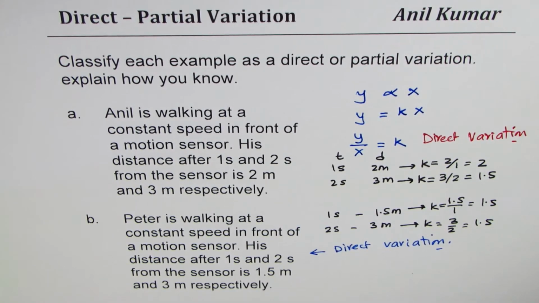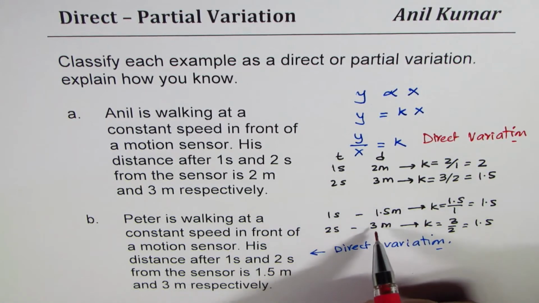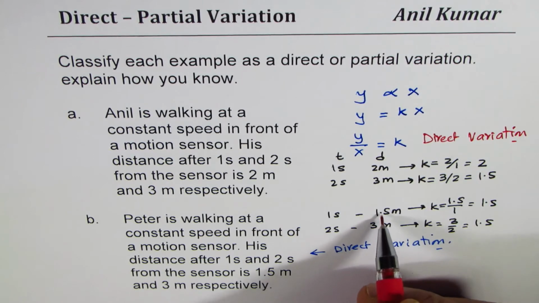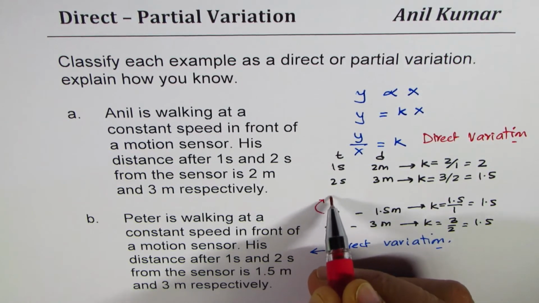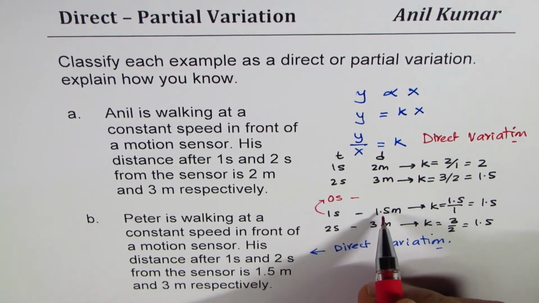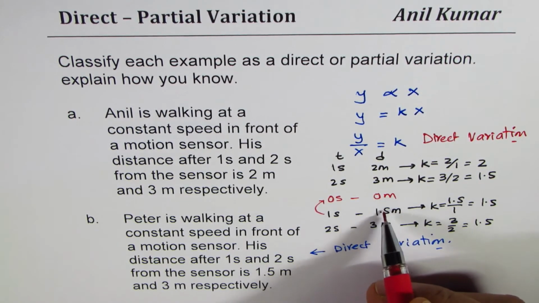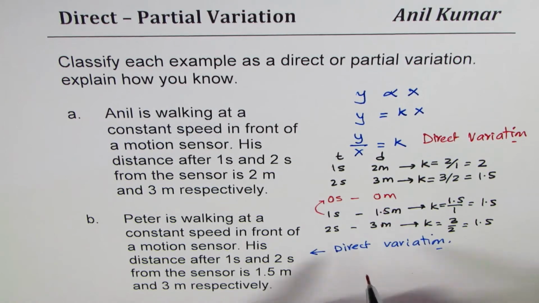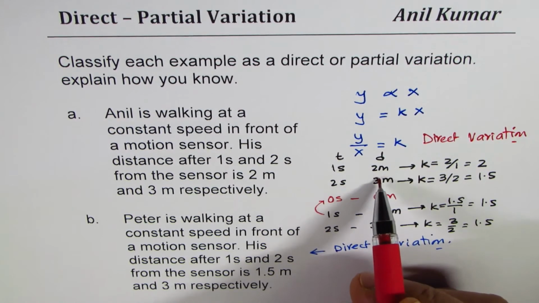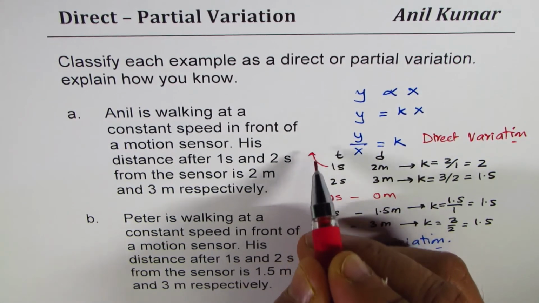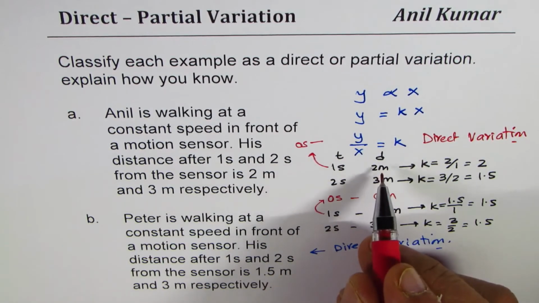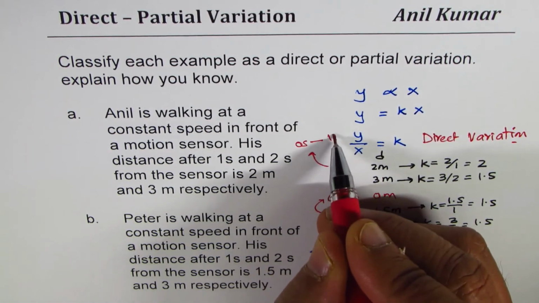I'll show you from the second one. Every second, Peter is traveling 1.5. So if you go back to 0 seconds, you get 0 meters, right? So you see, you are adding 1.5 each time. Here you are adding 1. So if you go back to 0 seconds, how much will be the distance? 1 meter. Do you see that?